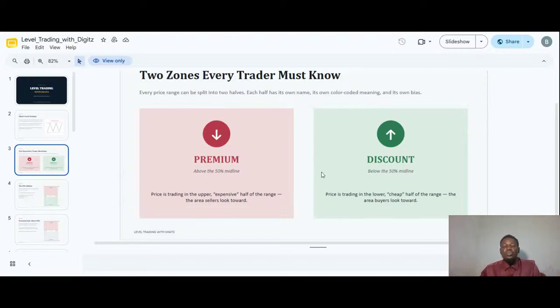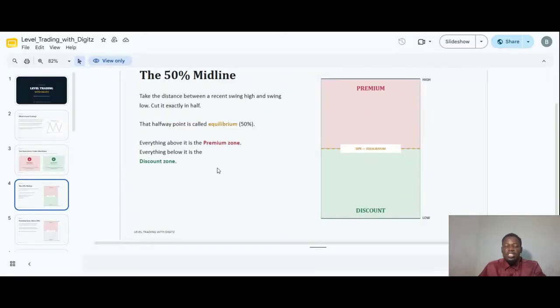So regardless of whatever you trade, you should only buy in the discount zone and only sell in the premium zone.